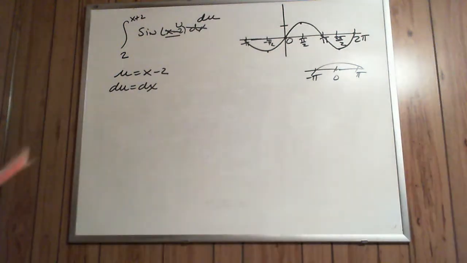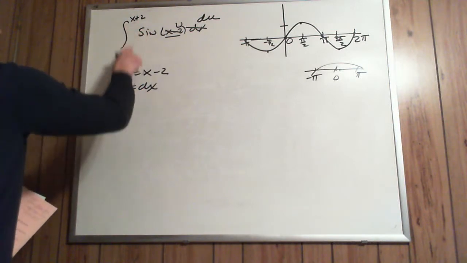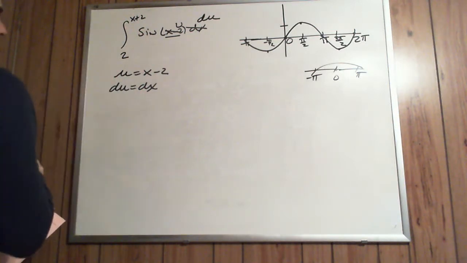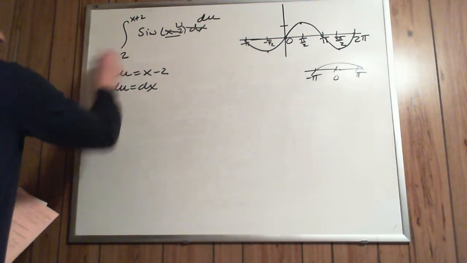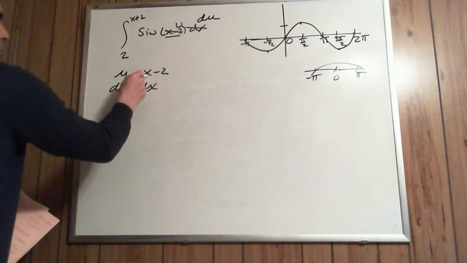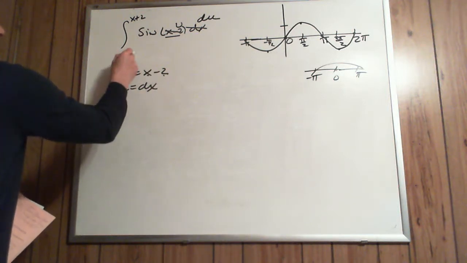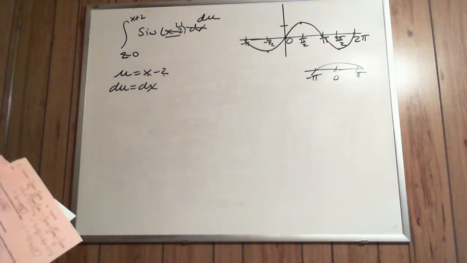Now for the first time, we're dealing with limits of integration here, so these two have to change. When x is 2, 2 minus 2 is 0, so u would be 0 there.